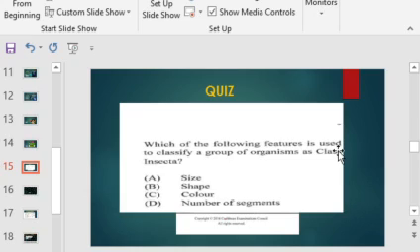Color, definitely not really. So once we eliminate A, B, and C, we will know that number D is the most viable. So number of segments, because if we use our observation, we will realize a number of organisms that appear to be insects are segmented, they have external appendages that we're able to identify them by. So that would be the answer.